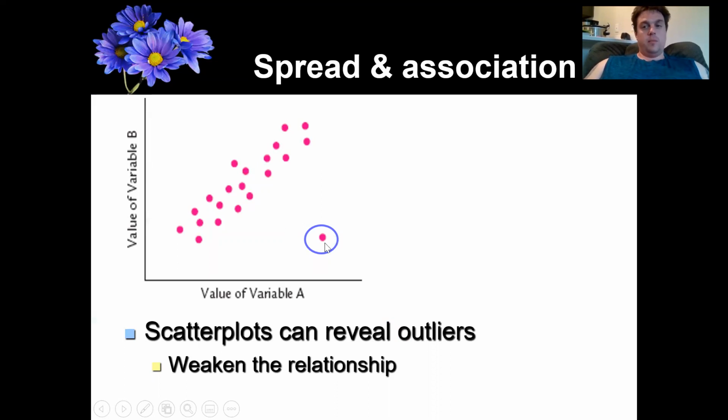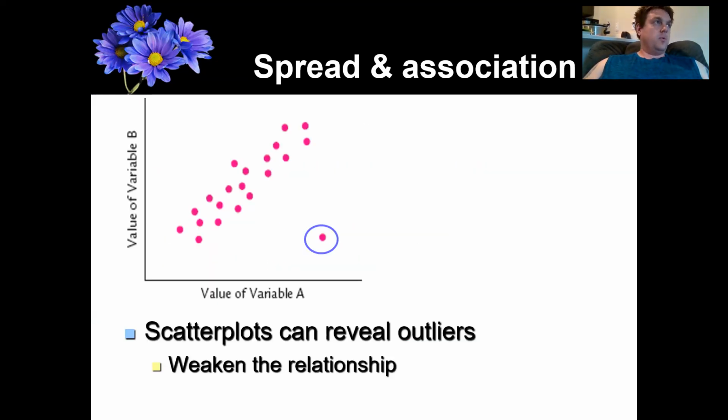But there might be one value that's just completely opposite of what the rest of the data is showing. And this can, of course, weaken the relationship. Okay. So if we were to get rid of this value, we'd have a much stronger correlation just looking at these. If we include this value, it weakens the relationship. Okay.